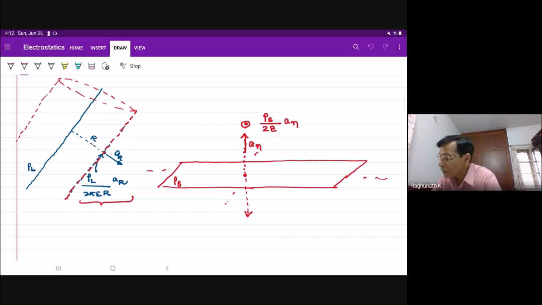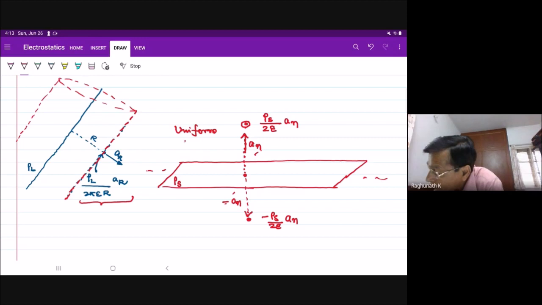If the unit vector towards the first point is an, which is above the surface in the figure, towards this it is minus an. At any point, irrespective of the distance, the field here is minus rho s by 2 epsilon an. Everywhere it is same means the field is uniform field.